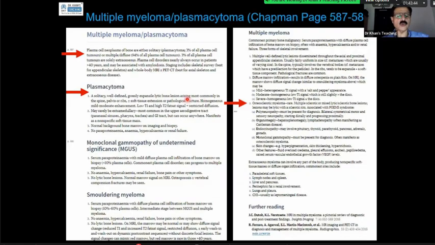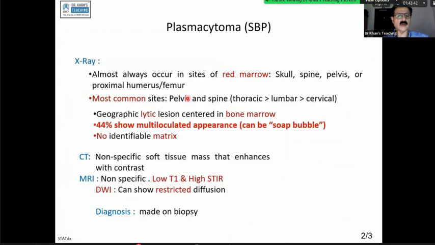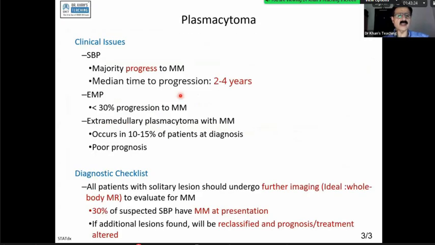The rest of the stuff, I'll show you a few cases to make the point. But as far as plasmacytoma is concerned, it will be in red marrow areas, and it will be lytic. 44% show a multiloculated soap bubble appearance. 44%. And look at this: the majority progress to multiple myeloma in 2 to 4 years.